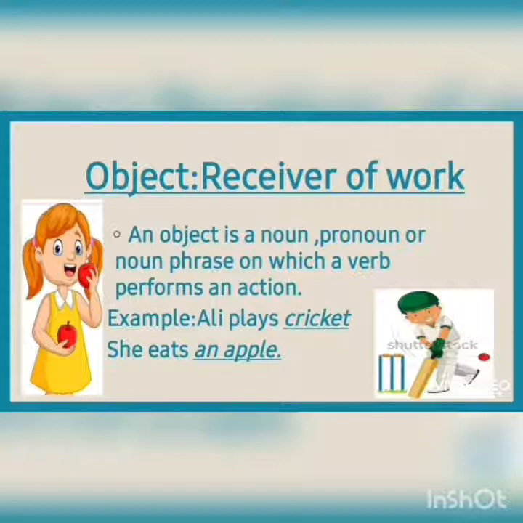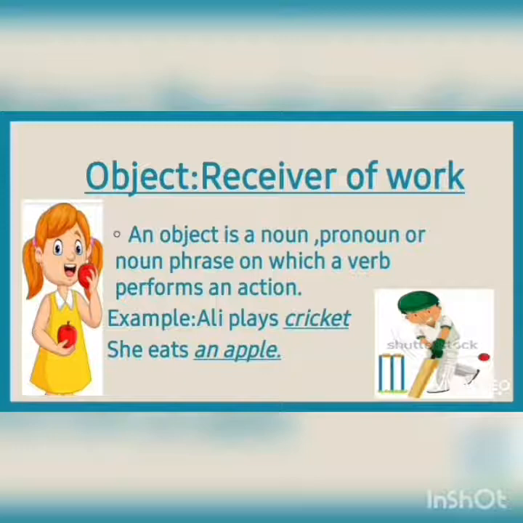She eats an apple. Here, cricket and an apple are objects. In the first sentence, Ali is performing the action of playing on cricket. Ali plays what? Ali plays cricket. It answers the question of what or whom.